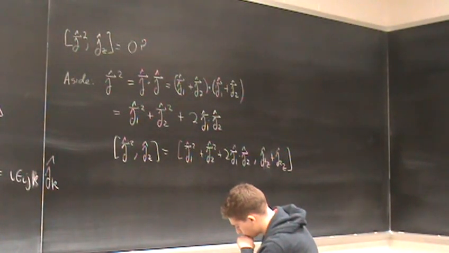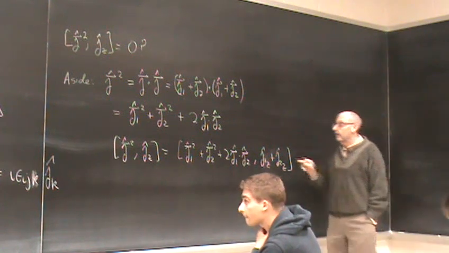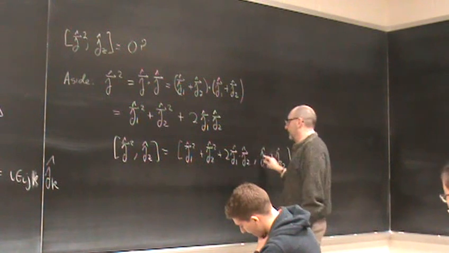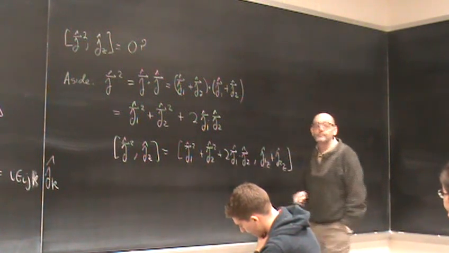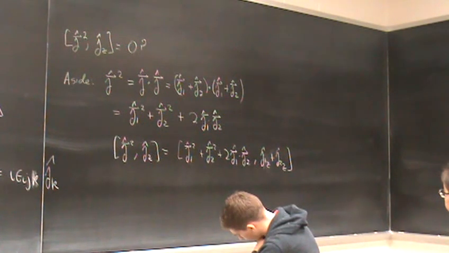Okay? So we have to commute this with this, we have to commute this with this, and we have to commute this with that. What do we remember about that?